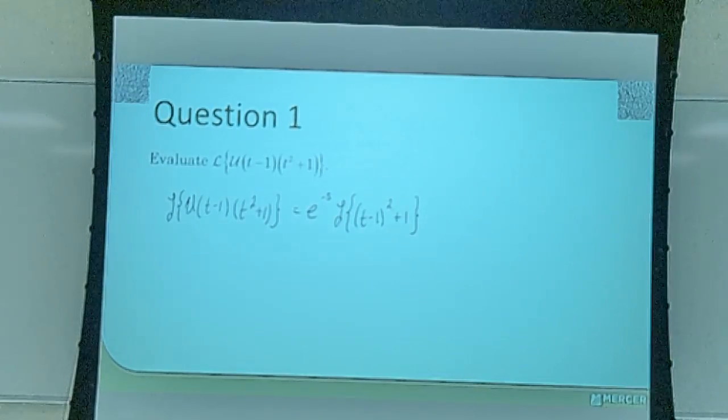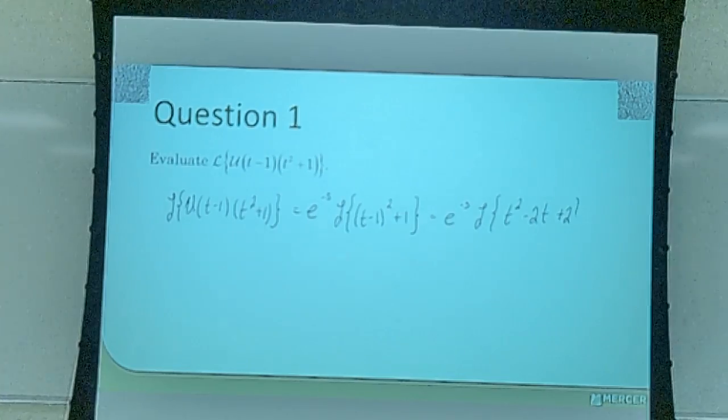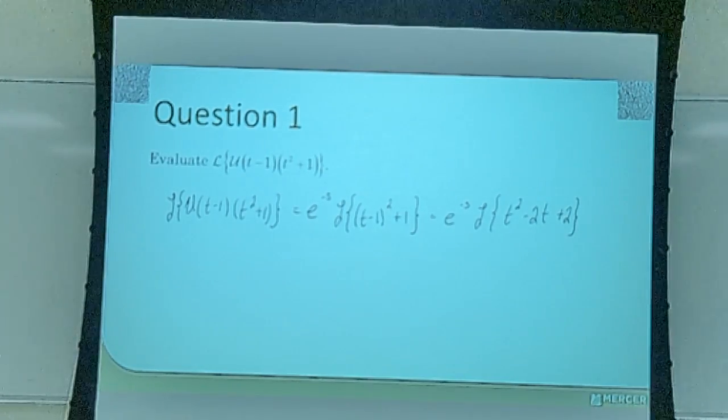We want the transform of g of t minus 1. So when you simplify, you should get t squared minus 2t plus 2.